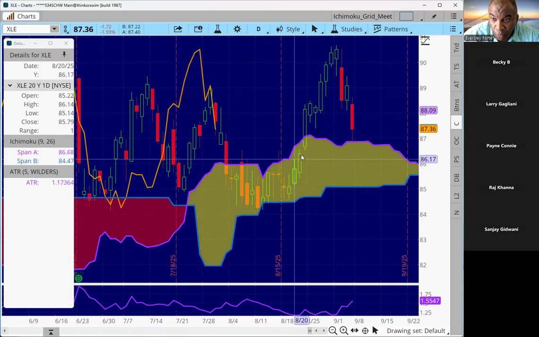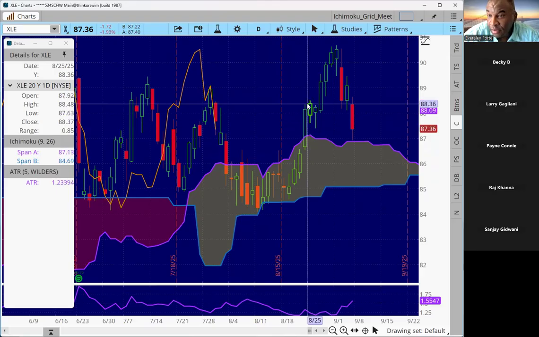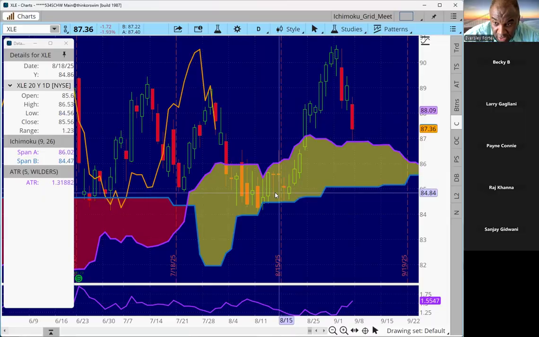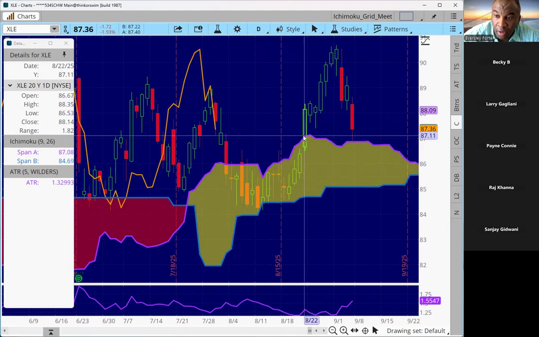In between, we want at least four previous days, so before this closed above the cloud, we want to have several of these days closing below the upper edge of the cloud. When I go through this in detail in coaching sessions, we get very specific on how many days, that type of thing. It has to close below because it's a very specific number.